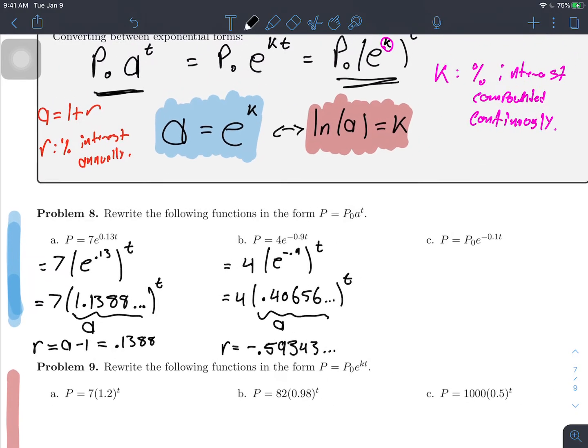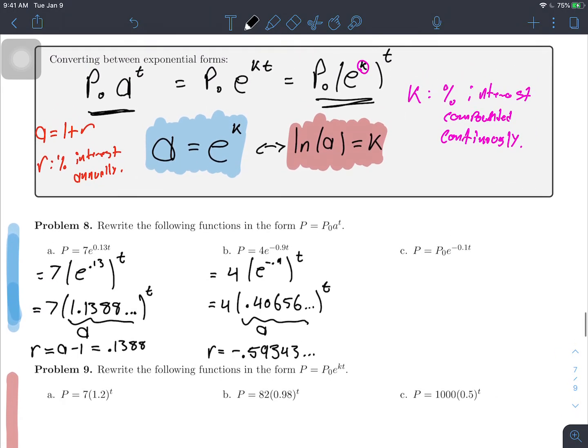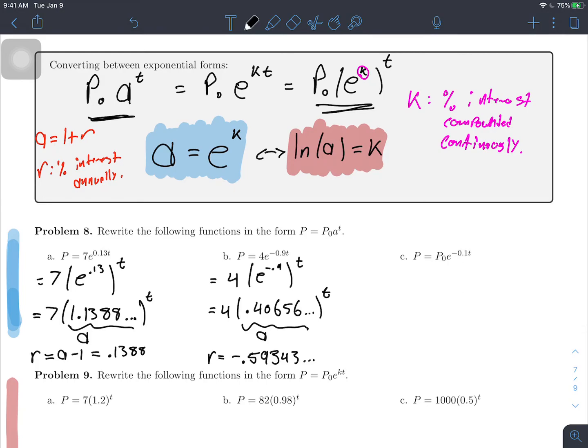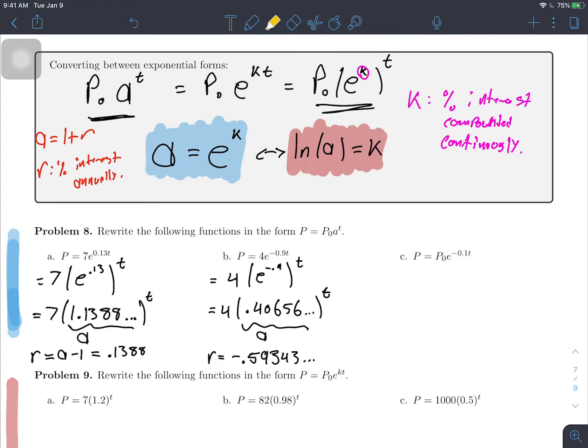So, in terms of the kind of verbiage that we use here, k is going to be our percent interest compounded continuously. So for the first equation, let me use a new highlighting color, yellow. This 0.13 here is telling us that we are compounding interest at a rate of 13% compounded continuously.